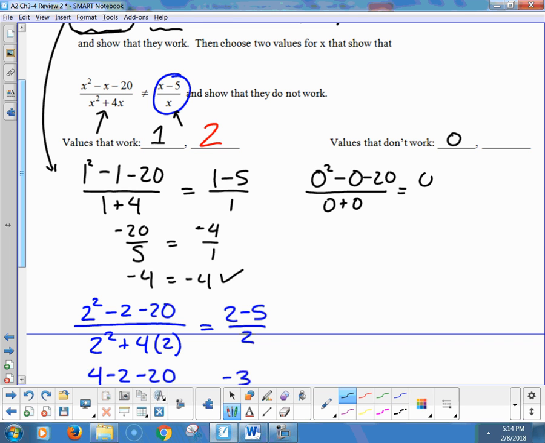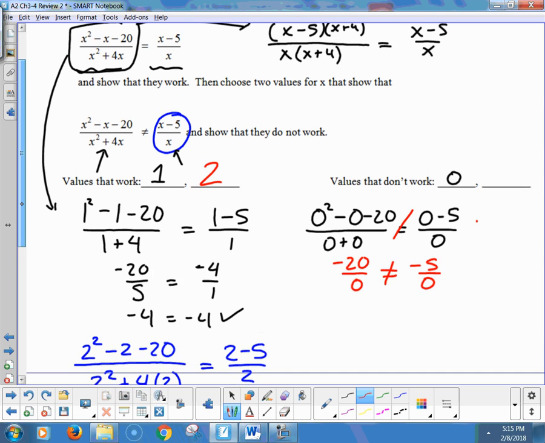Does that equal 0 minus 5 over 0? And since both of these are undefined, this is not true. Doesn't matter what is on the top and the bottom. We have negative 20 divided by 0. That does not equal negative 5 divided by 0, because dividing by 0 is undefined.